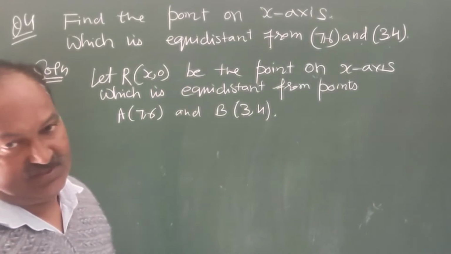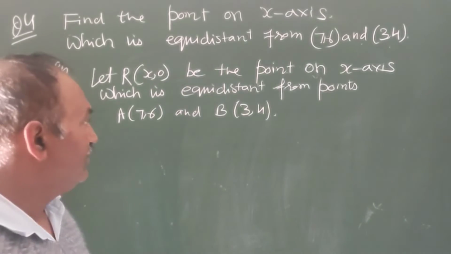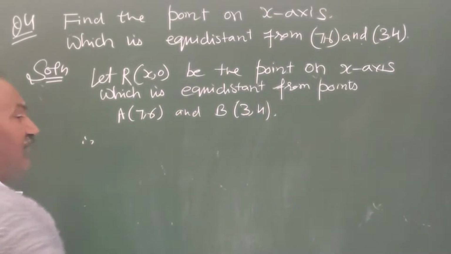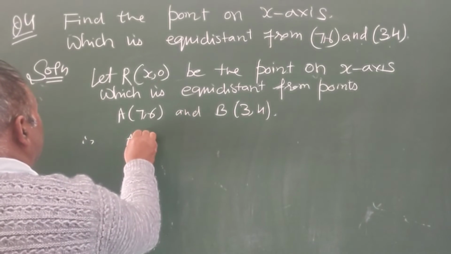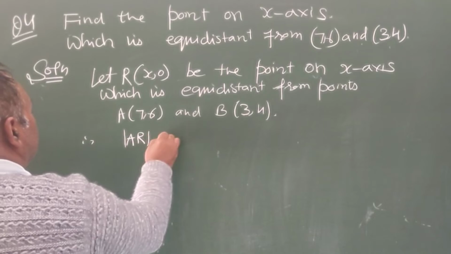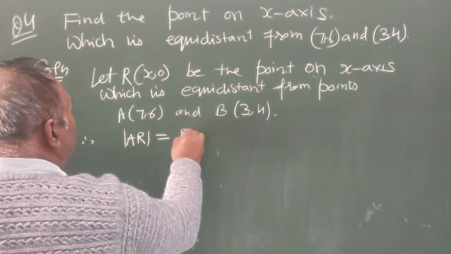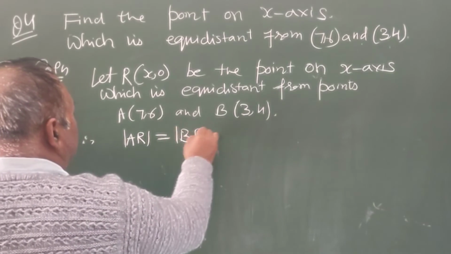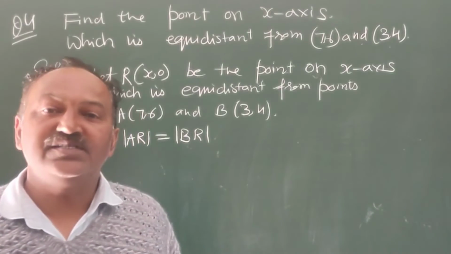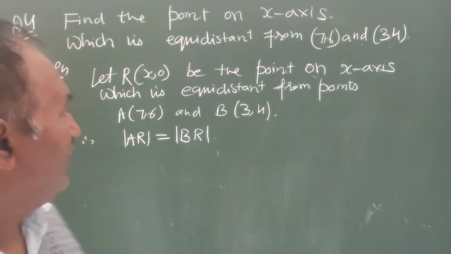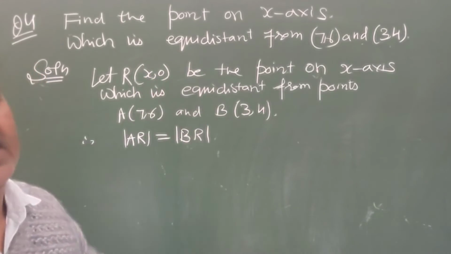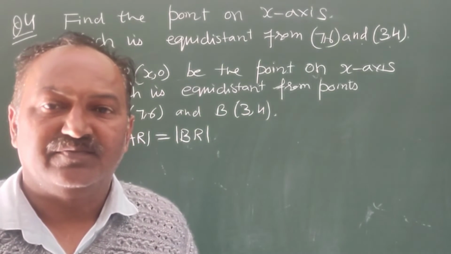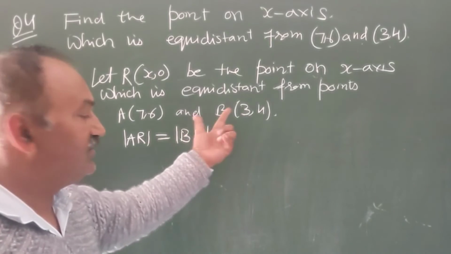Let this be the point on the x-axis. Therefore, by this condition, we get AR distance must be equal to BR distance, because it is given that the point R (x, 0) is equidistant from A and B. Therefore, these distances must be equal.